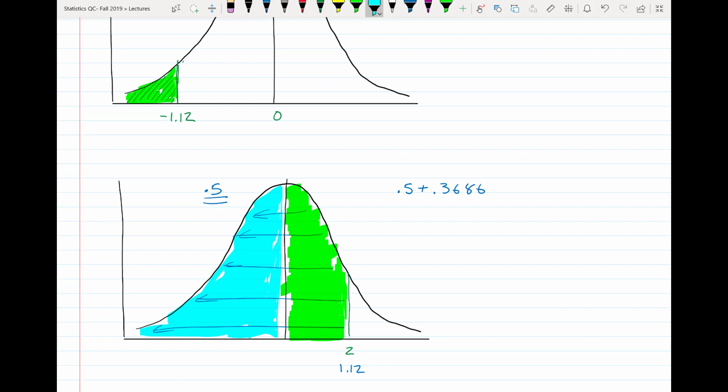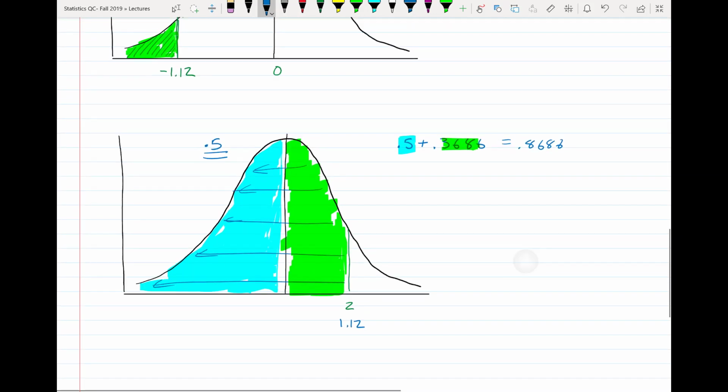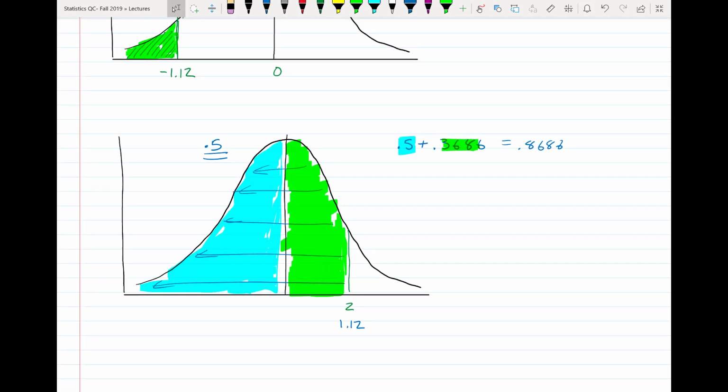That is simply the blue area plus the green area, right? And that equals 0.8686. So the probability of getting a score that is less than 1.12 is equal to this guy over here. Okay?